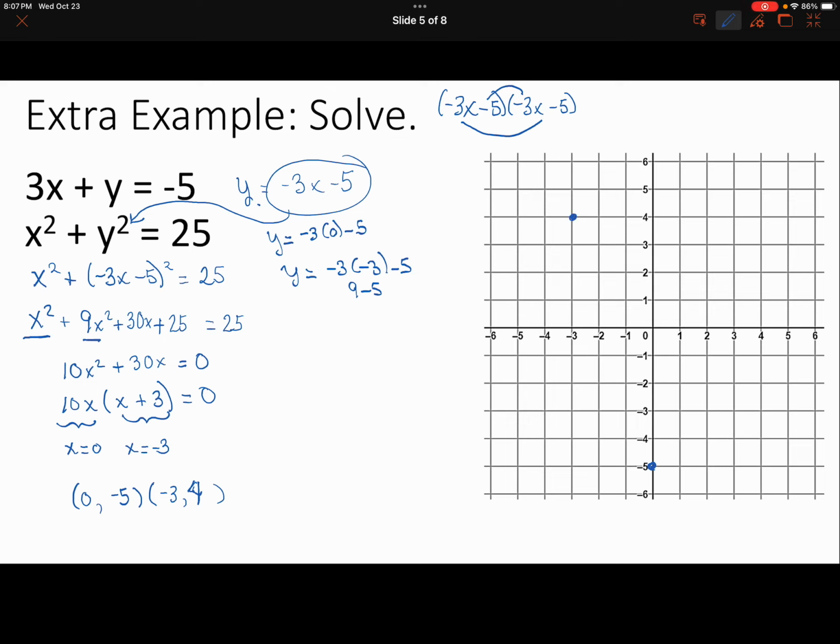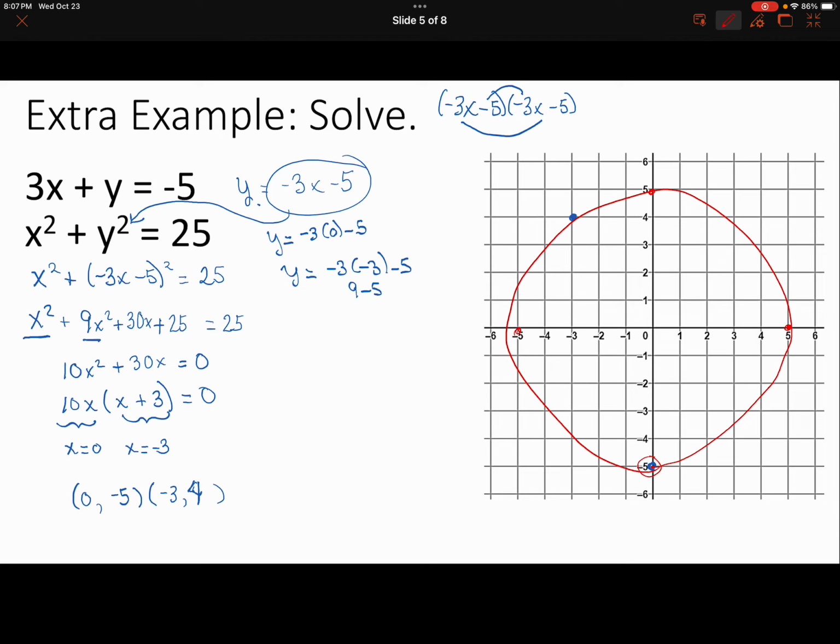Let's check. If I graph the circle, a circle x squared plus y squared equals 25 is a circle with a radius of 5, centered at 0, 0. Oh, there's one of our points. Forgive me for not drawing a great circle here.